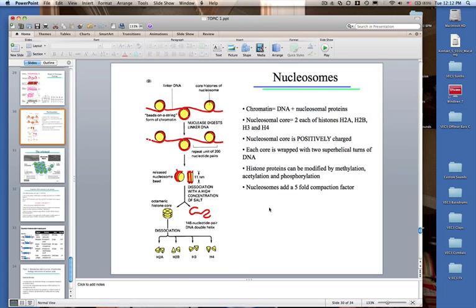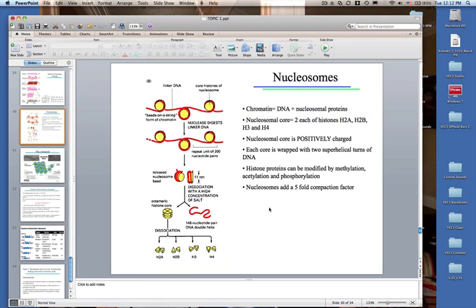So there are 4 different histones, 2 copies of each of them, to form the core, which is highly positively charged, right? Think about it. Our DNA is negatively charged, so the nucleosomal core is positively charged to be able to wrap this DNA around it, with 2 superhelical turns around each core.